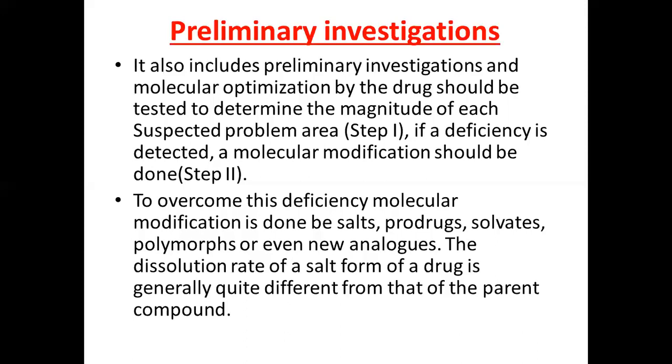A prodrug must be made for a drug molecule which has low stability, or whose active ingredient does not have a good taste, or does not have good solubility. When such parameters are low, solvation processes like solvates or polymorphs, different crystalline structures, may be modified, or even new analogs can be synthesized.